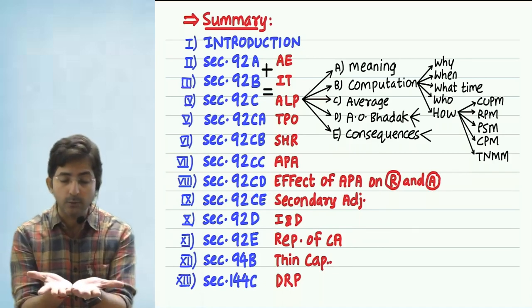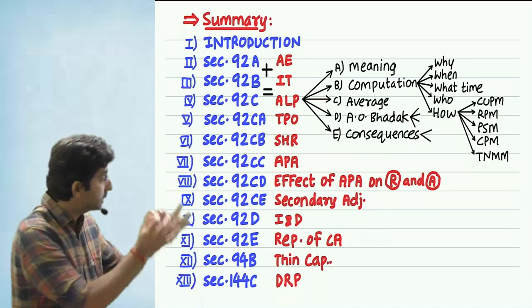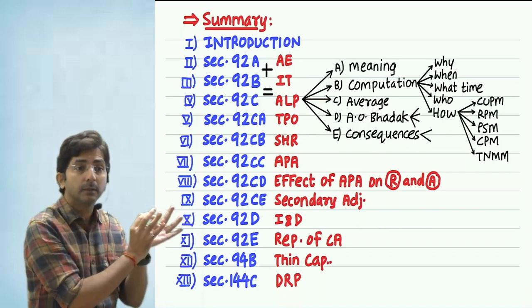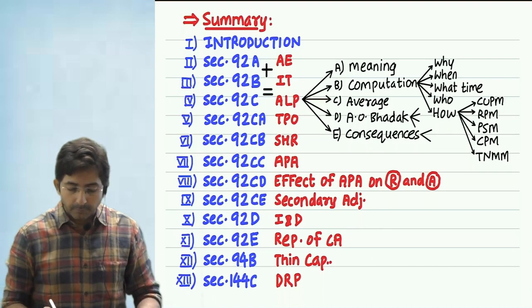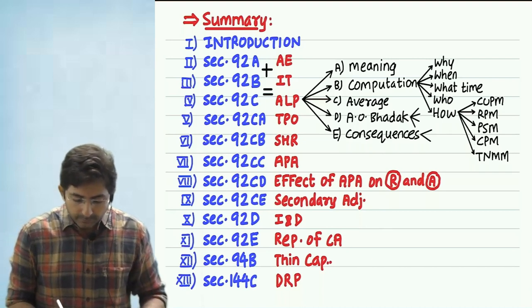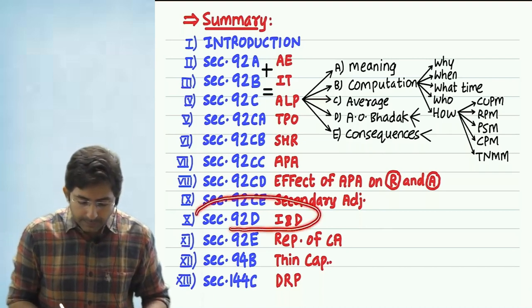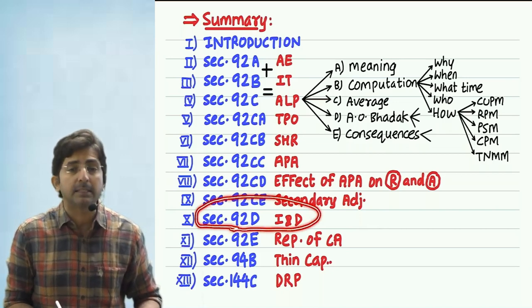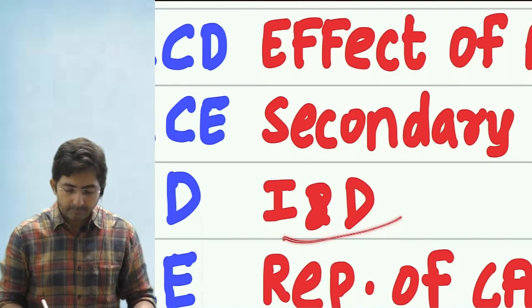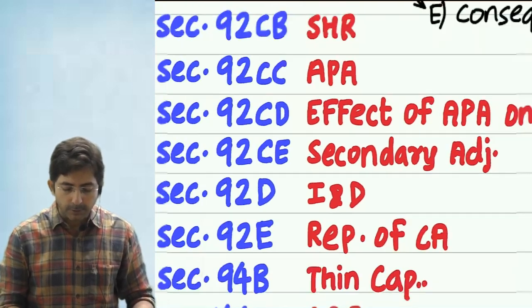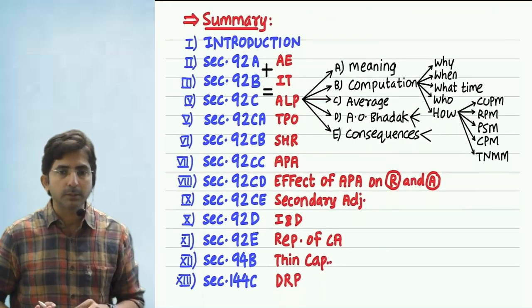If you just see the notes while I am explaining, just concentrate on the explanation. Then only your concentration will improve. See what I was saying? Section 92D requires an assessee to maintain some information document.